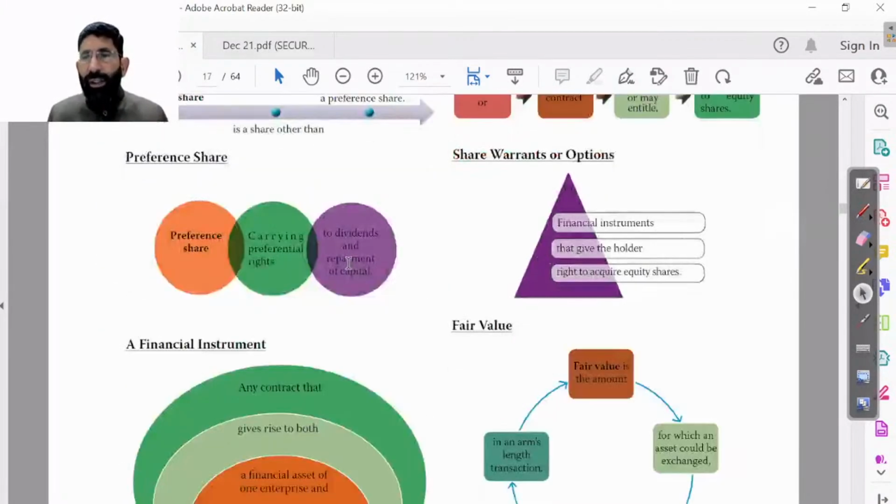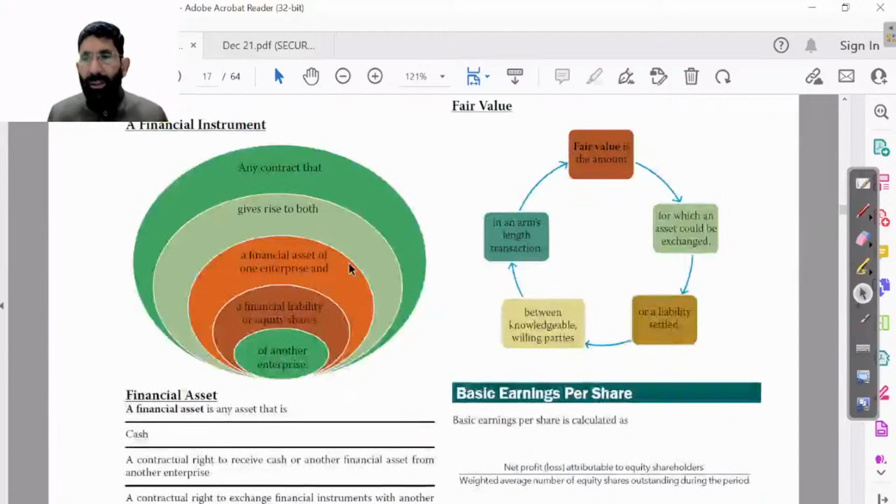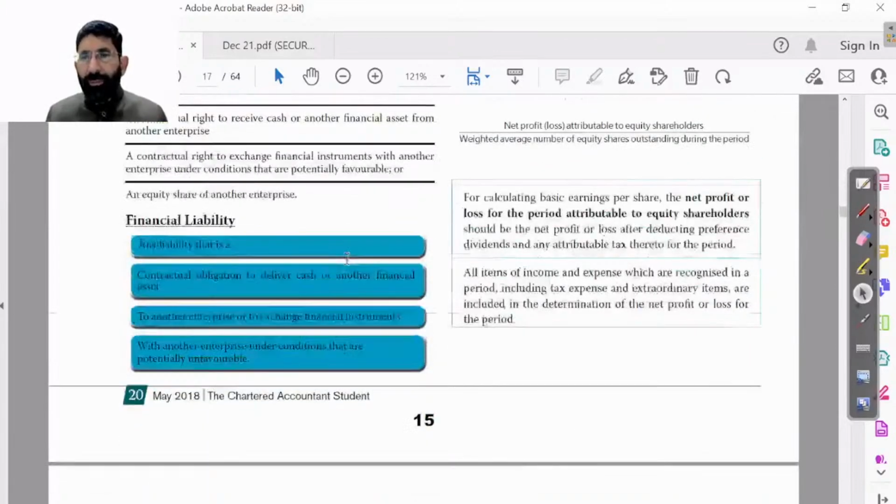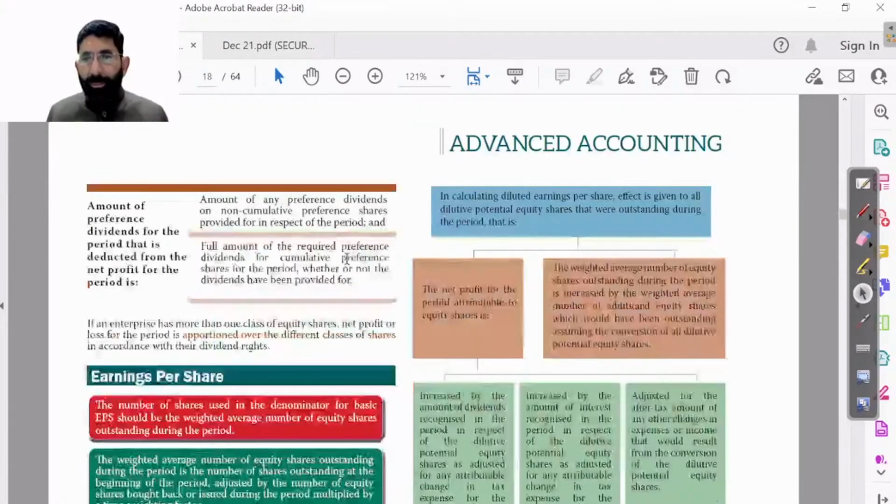Some definitions are to be discussed, as queries are coming for those definitions regarding this EPS chapter.